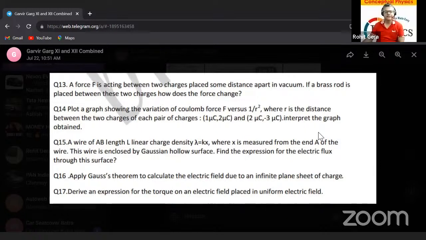देखो, if you keep a metallic plate between the electric field, right? So the question is how does the electric field get changed?